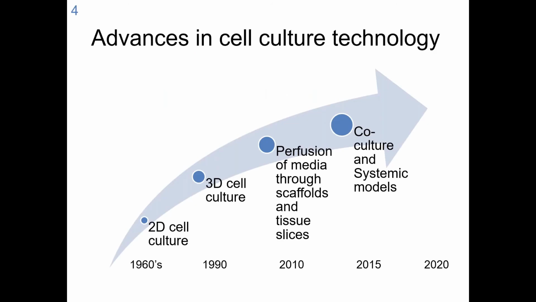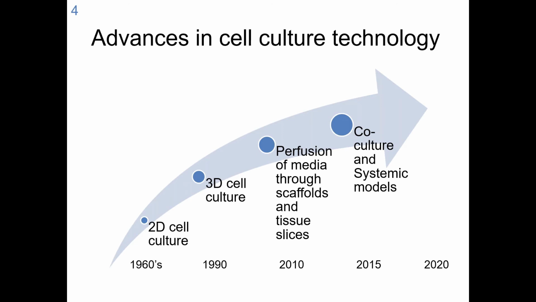So meanwhile, we've really been developing the in vitro models, and it's been a very exciting ride, because over the last 50 years or so, we've gone from very simple 2-dimensional cell cultures growing in glass plates to high throughput systems, 3D culture, and then adding more physiologically relevant factors like the flow of media, and then co-culturing different types of cells.